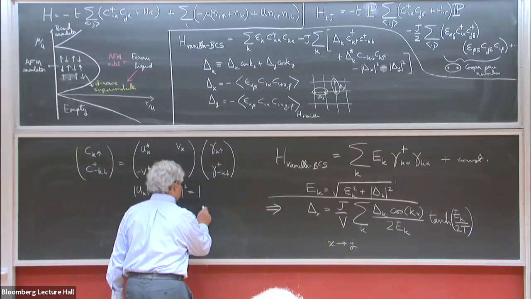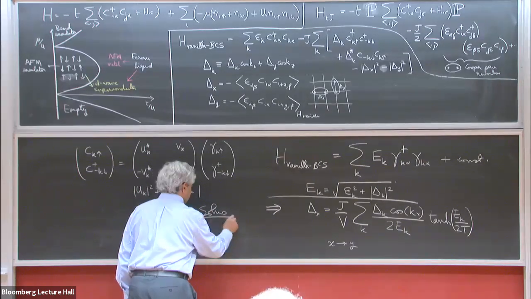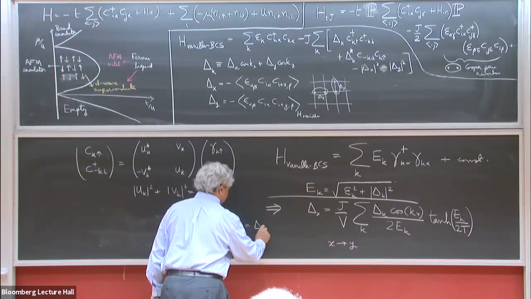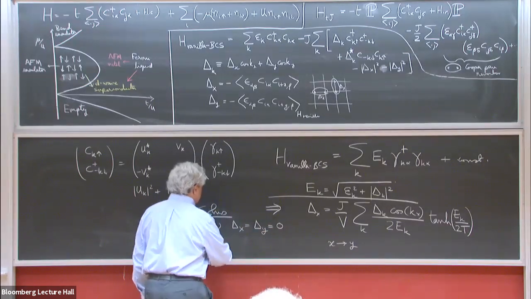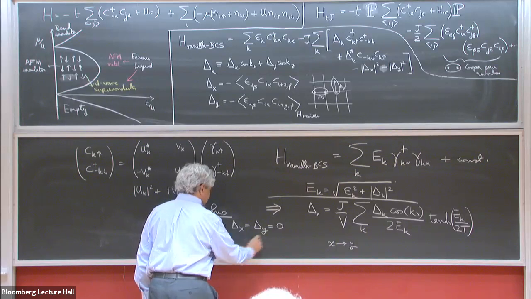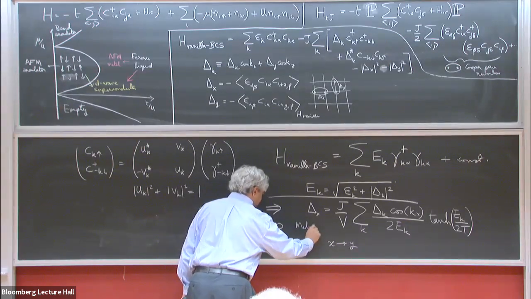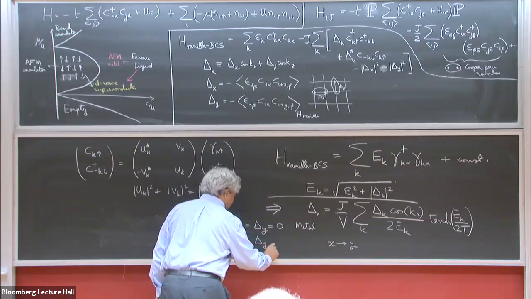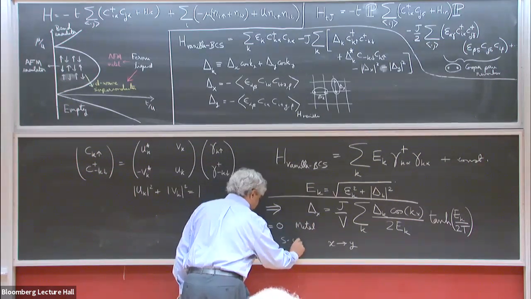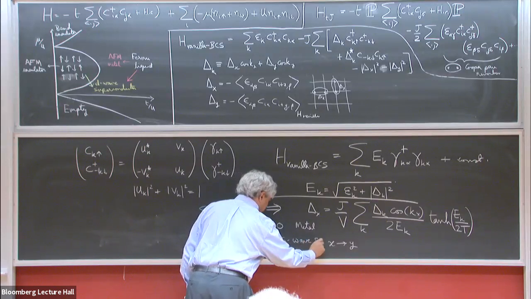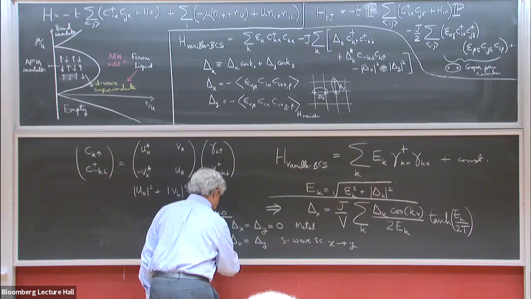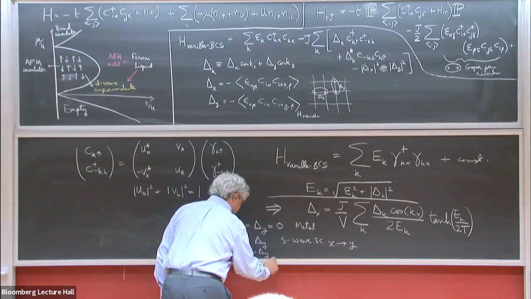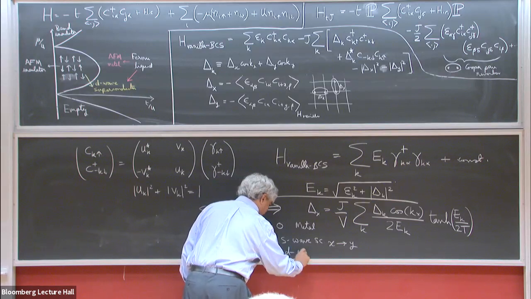So of the solutions of this equation, one is delta X equals delta Y equals 0, that's the metal, of course. Then there's a solution where delta X equals delta Y, and that we call the S-wave superconductor. And another solution, delta X equals minus delta Y, which is called the D-wave.